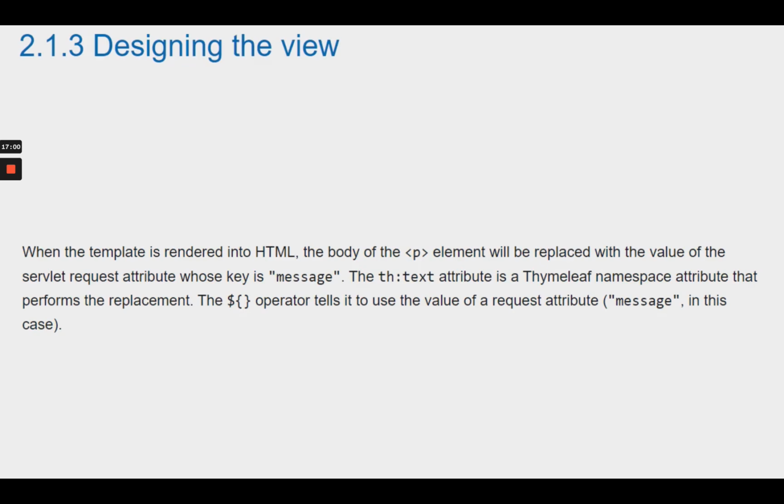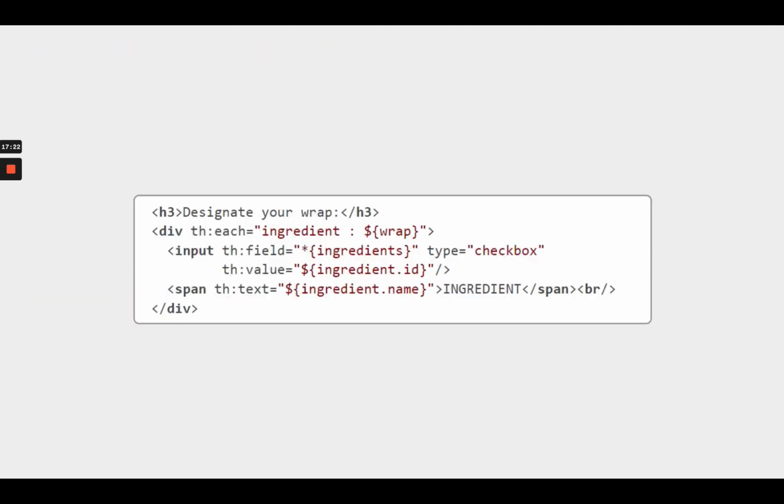When the template is rendered into HTML, the body of the p tag element will be replaced with the value of the servlet request attribute whose key is message. The th:text attribute is a Thymeleaf namespace attribute that performs the replacement. The ${} operator tells it to use the value of a request attribute, message in this case.